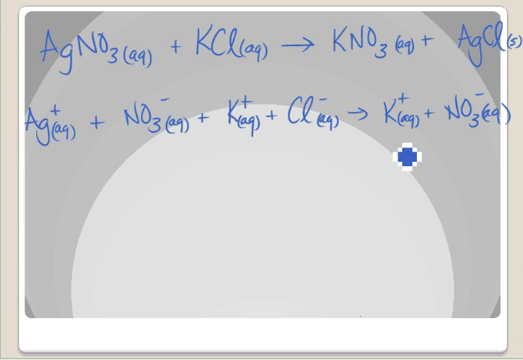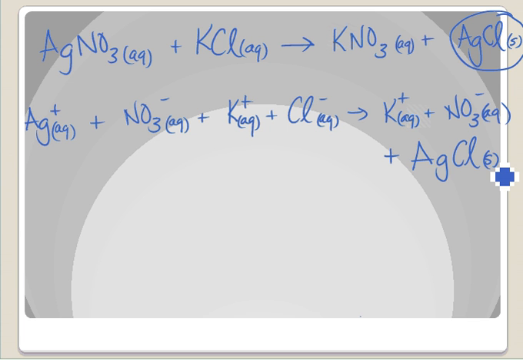I'm running out of room, so I will put it here, plus this is now a solid. It does not dissociate. It is not soluble. So it stays as AgCl(s).